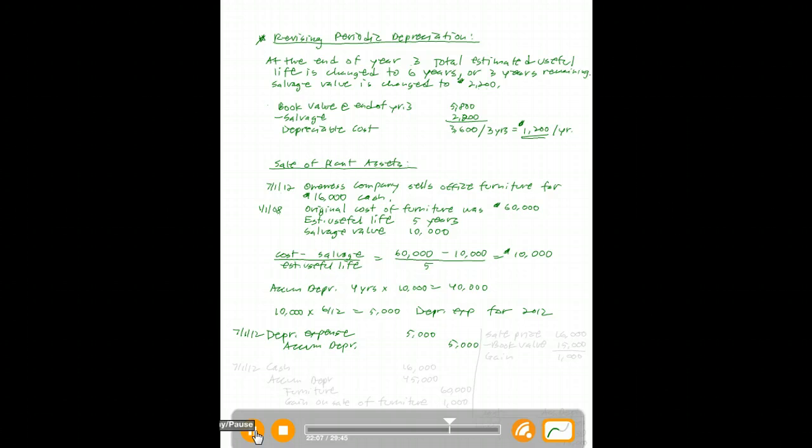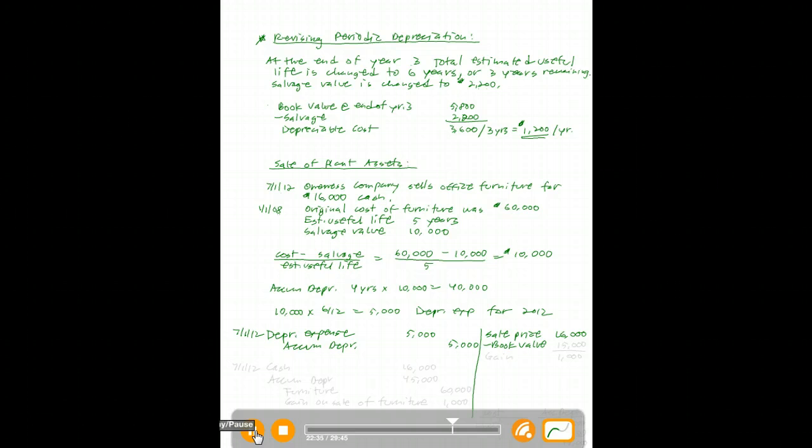Okay, now we need to calculate the gain or the loss on this particular asset. And the way to do that is you take the sales price, which is 16,000, minus the book value at the date of sale.